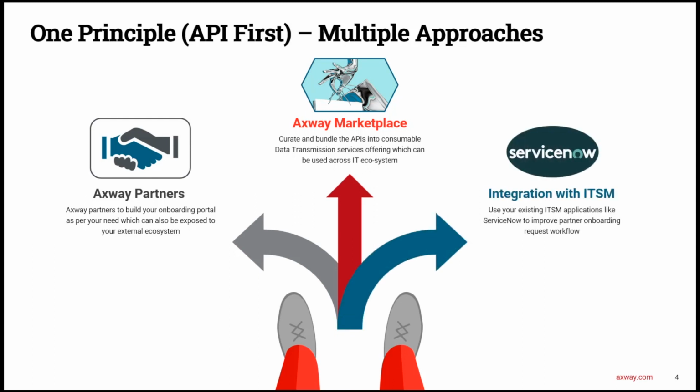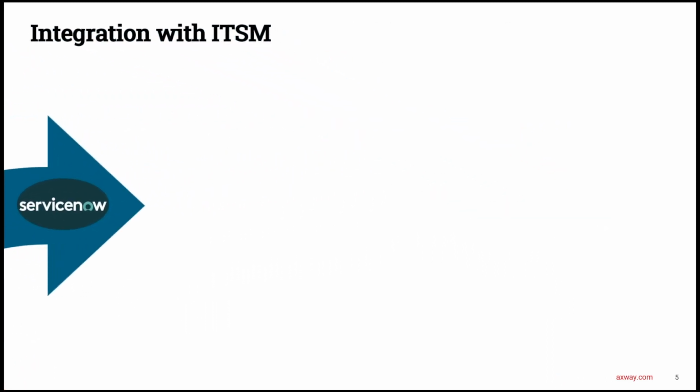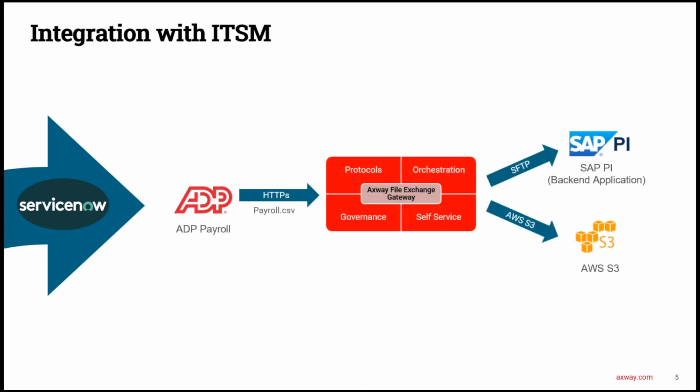Or, if you already have an ITSM like ServiceNow, you can enhance your onboarding request workflow by making use of these APIs. In today's video, we are going to look at the third option, where we will be using ITSM to onboard a partner. So let's first set up the scenario.